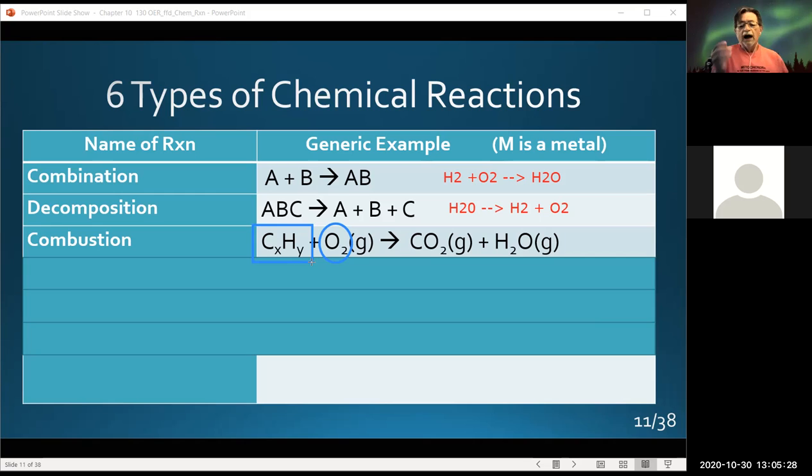Hydrocarbons are simply any compound made up of nothing but carbon and hydrogen. A good example is methane. The smallest X could be is 1, and the smallest Y could be is 4, and that is the smallest hydrocarbon, called methane.